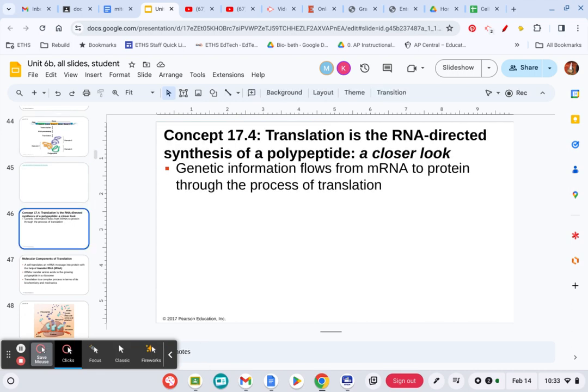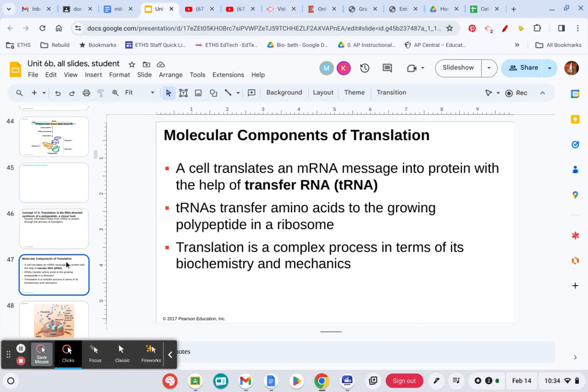Okay, so we've done transcription, we've done mRNA processing or editing. Now we need to talk about translation. It's going to be accomplished in the cytoplasm, and it can only get accomplished with the help of another type of RNA that is also single-stranded.